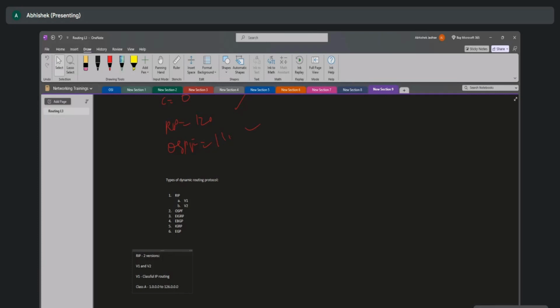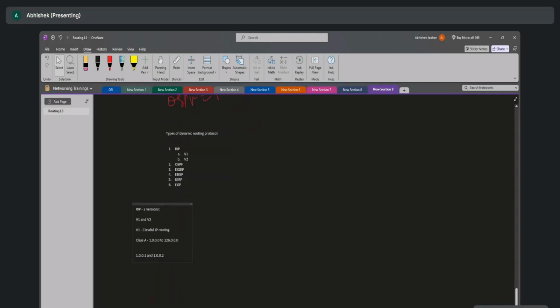This whole network, all these networks within class A, you will be using one by one, right? So for example, if you want to configure a router, you will be configuring it as 1.0.0.1, and the next router you will be configuring as 1.0.0.2. So you are not doing any subnetting, right? And also when you configure RIP version 1 for a router, you will not be mentioning the subnet mask.